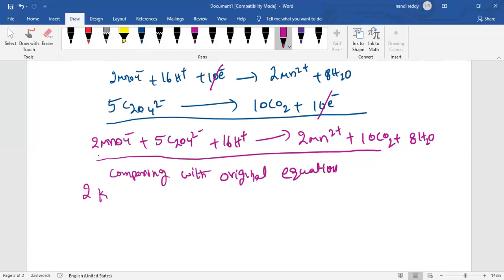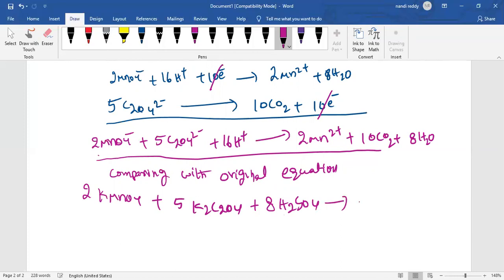Yes, this is what we are doing. 2 KMnO4 plus 5 moles of K2C2O4, as many oxalates, that many K2C2O4. Plus here 16H plus means I can take 8H2SO4, because one H2SO4 will give 2H plus ions. Then 16H plus means I can take 8.